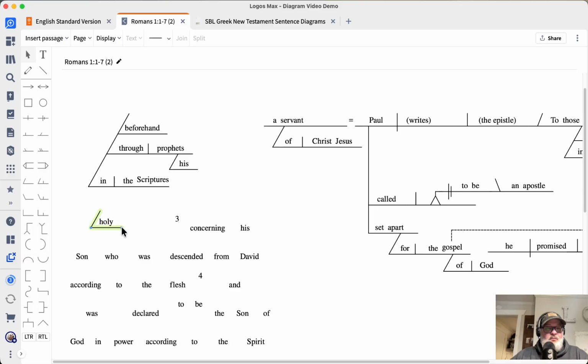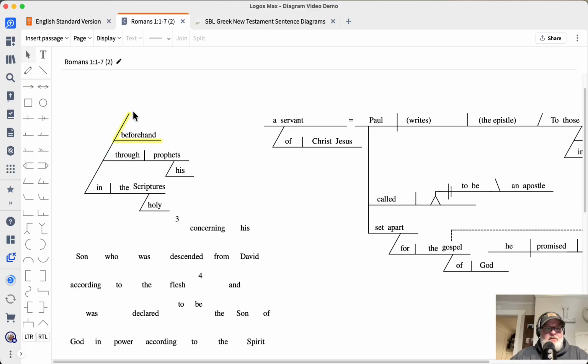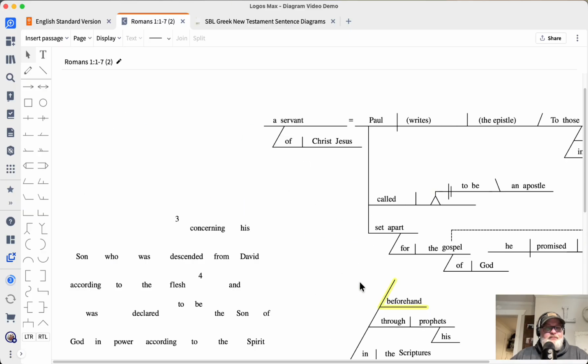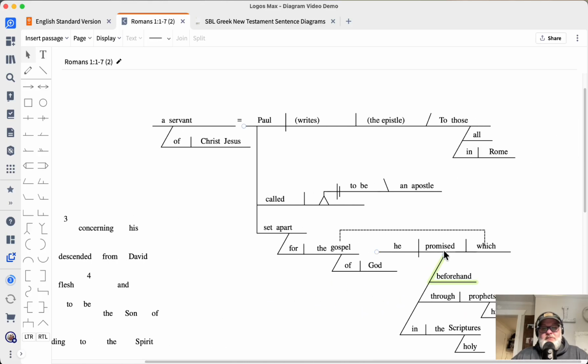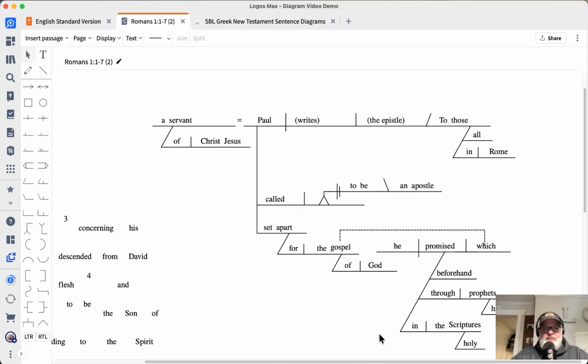And so we're going to take all of this and connect it all together to this verb. Slide that down just a little bit. Now there might be some that say, well, through the prophets tells us whom, through whom.